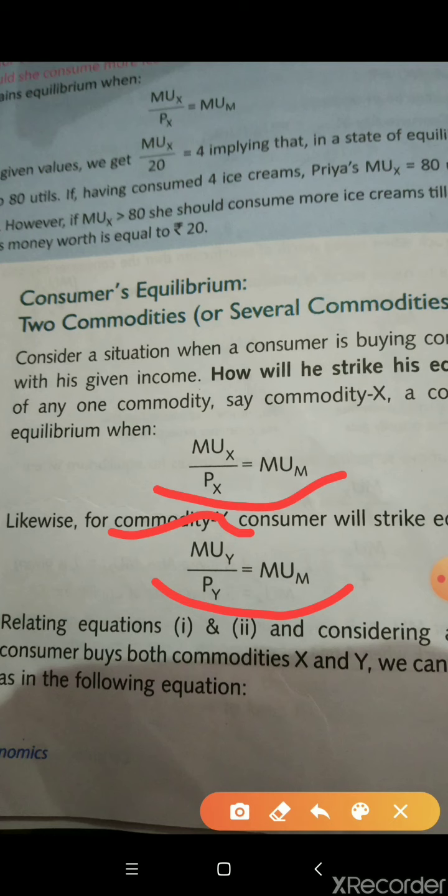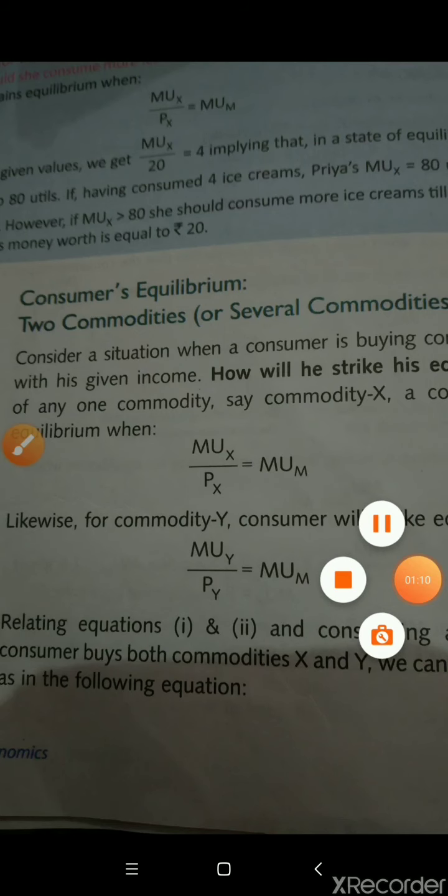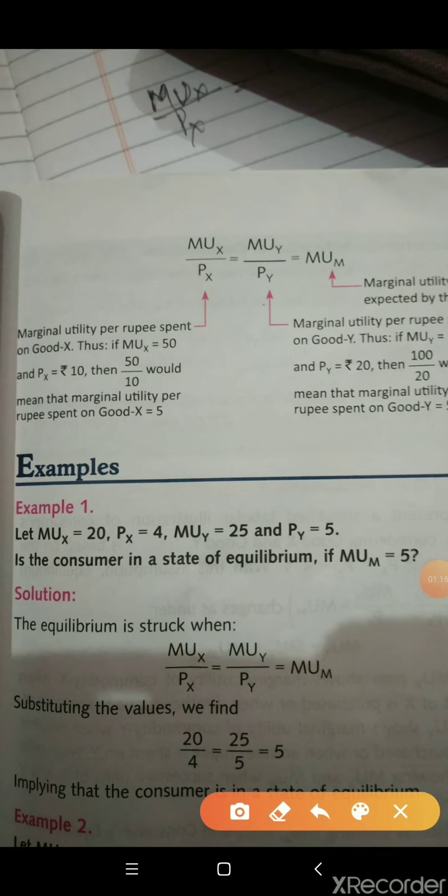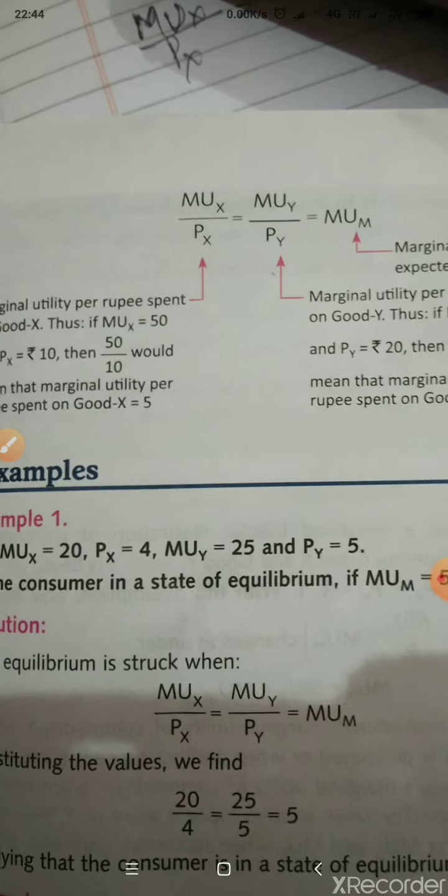Relating these two equations, we came to know that the consumer will be at the point of equilibrium when marginal utility of x upon price of x is equal to marginal utility of y upon price of y is equal to the marginal utility per rupee expected by the consumer. Okay, so now take the example.